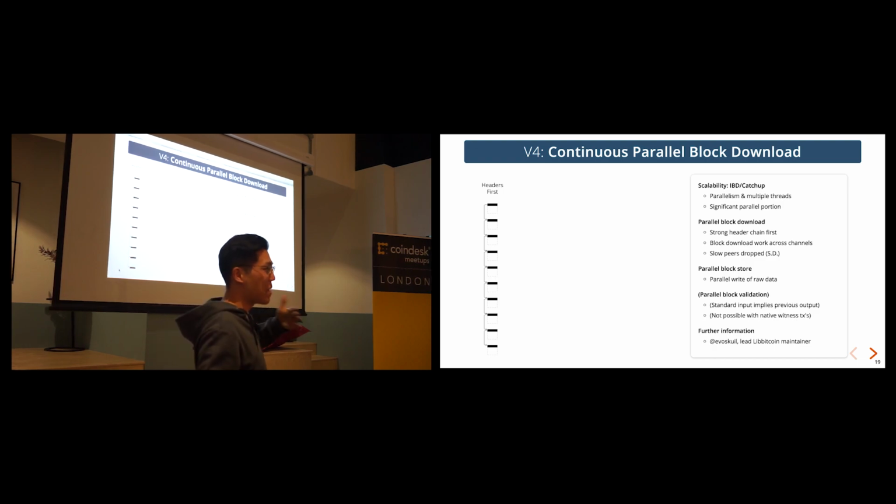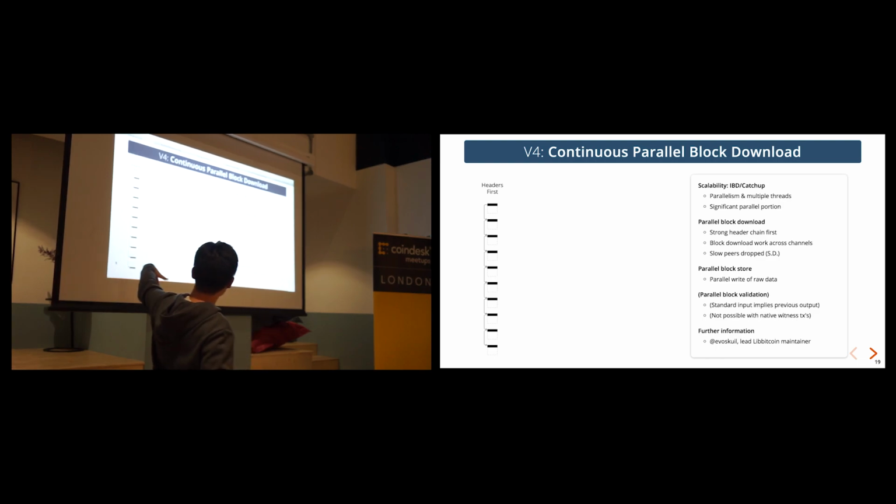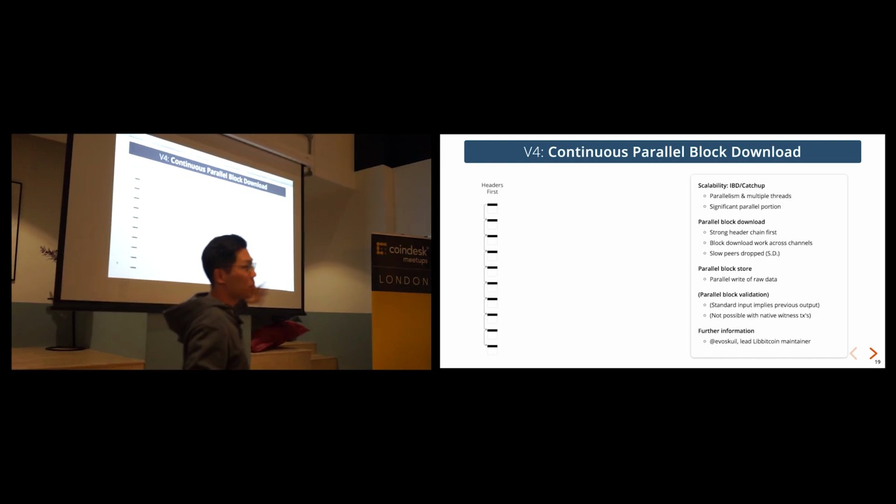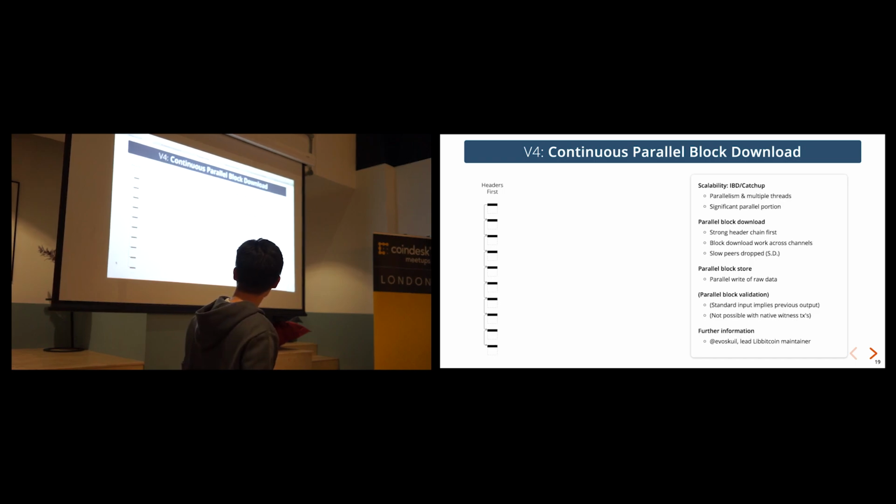So to be able to validate the next one, you have to validate the one before. But there are a couple ideas there which are pretty nifty. So one is, obviously, once I've established the strong chain, the header chain, I can get the blocks in parallel. There's nothing preventing me from doing that. So that necessitates the ability to write the blocks in parallel, which we saw in the database design before, right? So these things kind of come together nicely in this part.